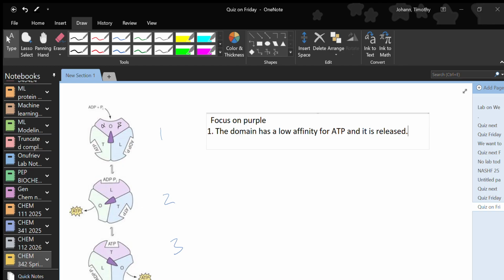Maybe it's not going to let me do 1.5. So what happens then in between these steps is 3 ATP pass through the membrane.